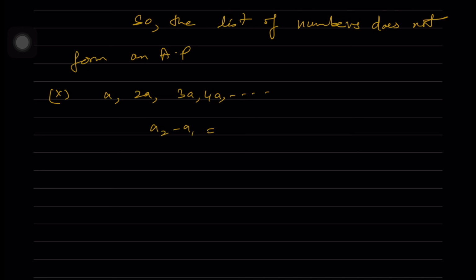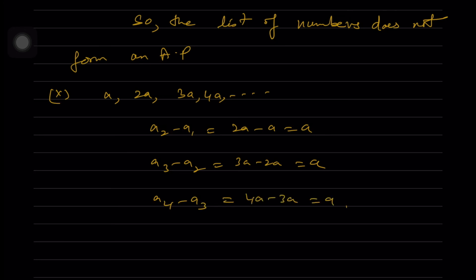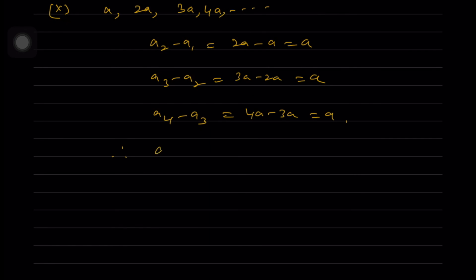So going into the 10th one: A, 2A, 3A, 4A and so on. A2 minus A1 is equal to 2A minus A, which is equal to A, and A3 minus A2 is equal to 3A minus 2A, which is equal to A. A4 minus A3 is equal to 4A minus 3A, which is equal to A. So here A2 minus A1 is equal to A3 minus A2 is equal to A4 minus A3.